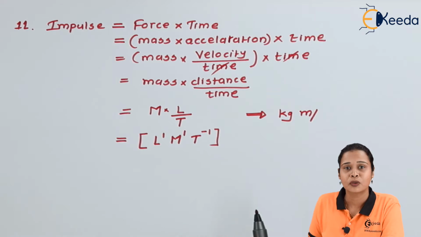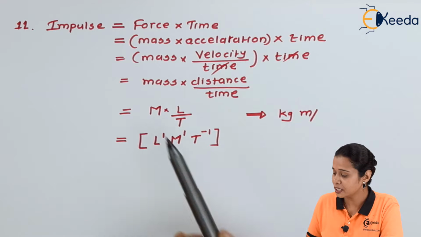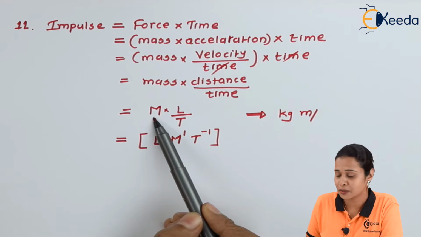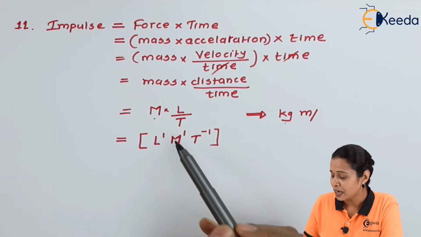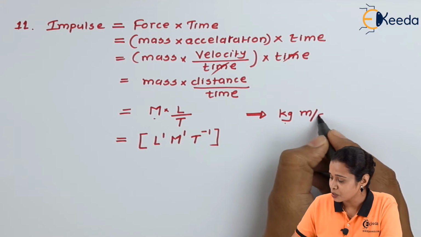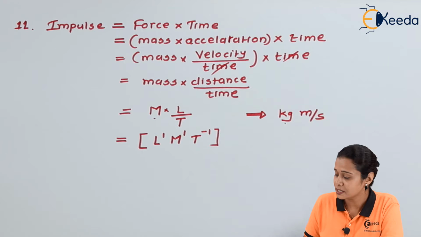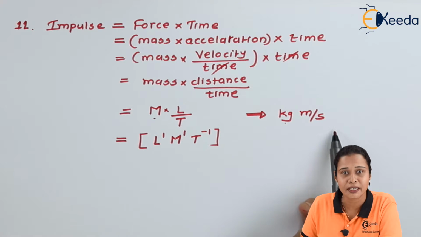If you want to find out the unit of impulse, we can find it from the above equation. Here m can be expressed in terms of kg, length is in meter and time is in second. So the unit for impulse is kg meter per second.